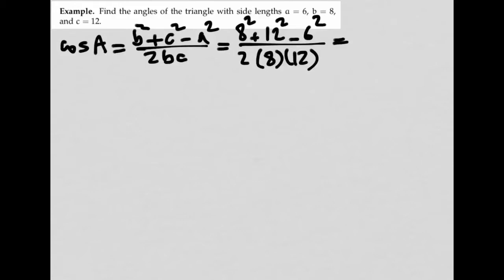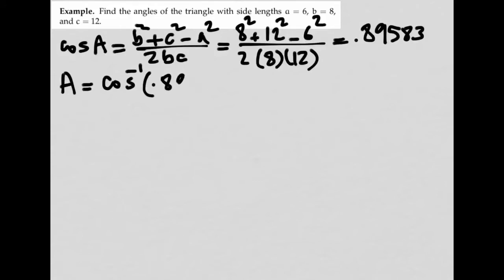Using a calculator, that's equal to 0.89583. Apply cosine inverse on both sides and make sure the calculator is set in degrees. We get that A is cosine inverse of 0.89583, which is 26.38 degrees.